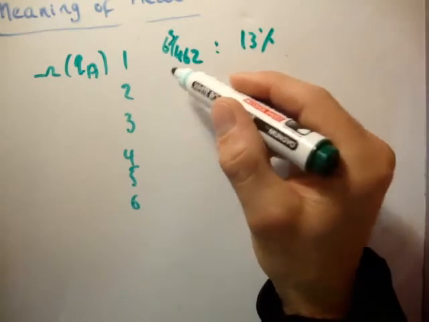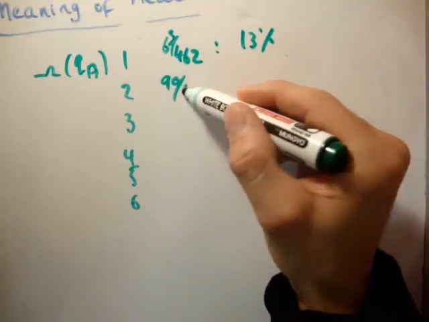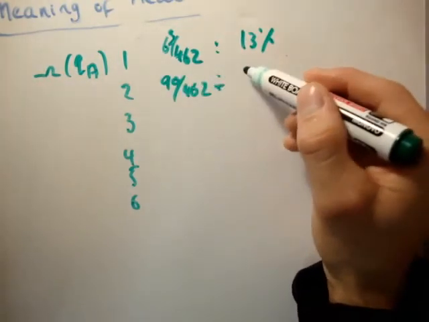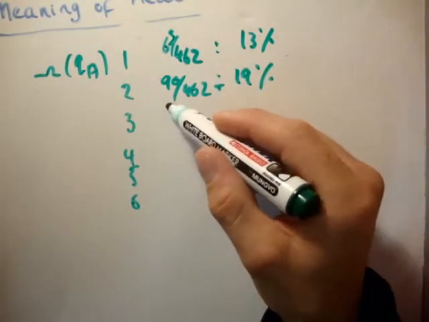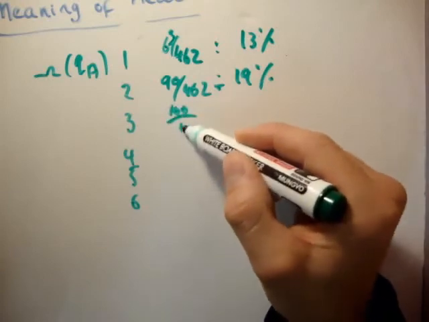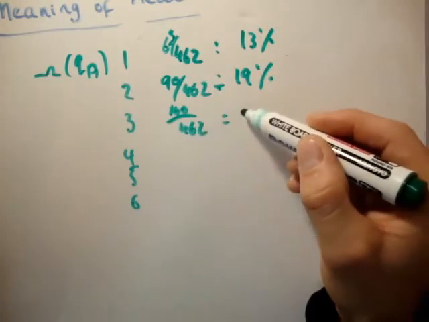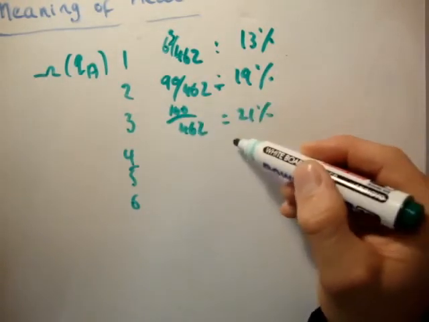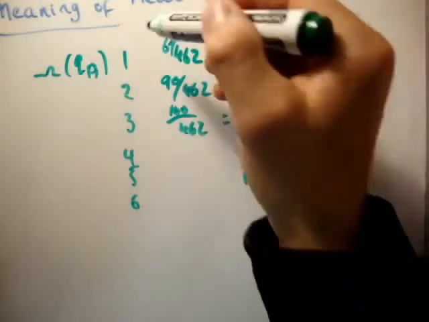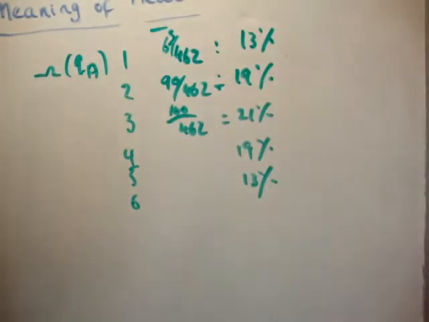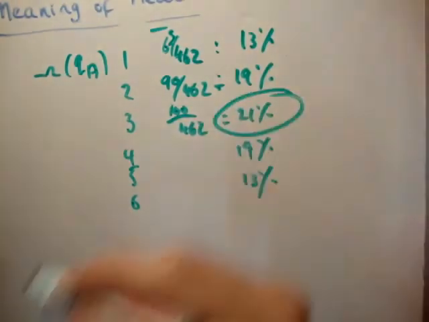We have 90 over 462, which works out at 19%. Then 100 over 462, giving us 21%, then 19% and 13%. But the point here is we're looking at 21%. The most likely macro state has a probability of 21%.